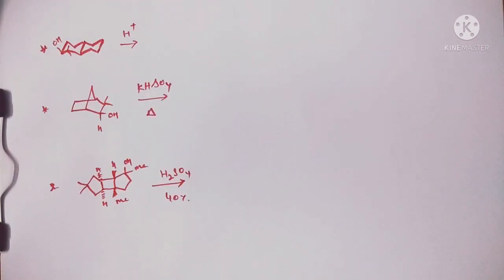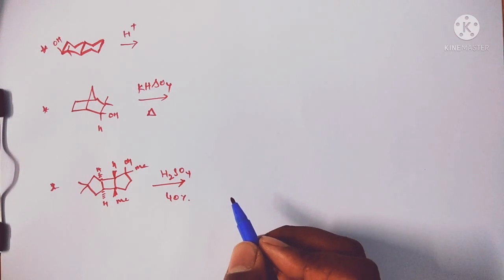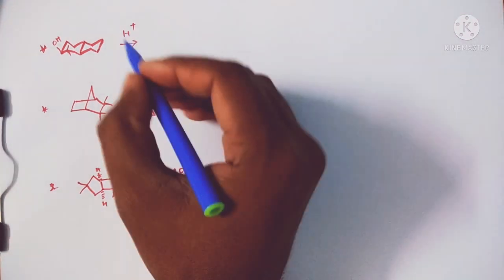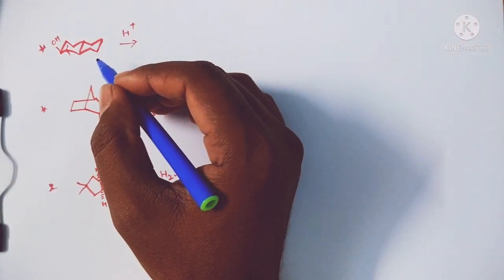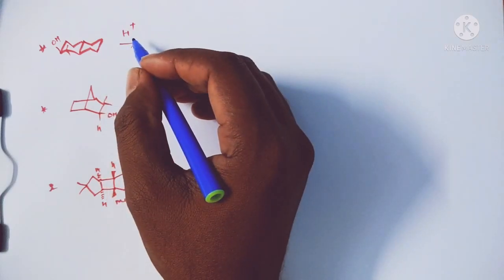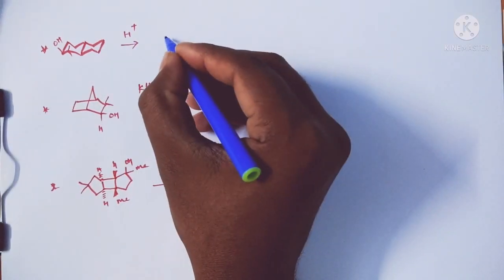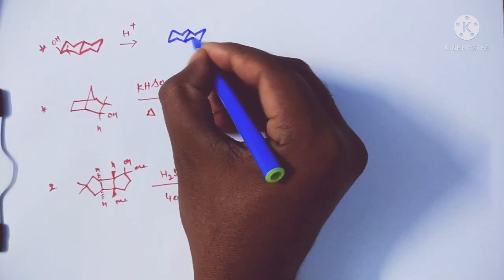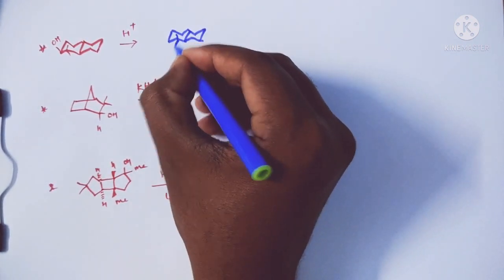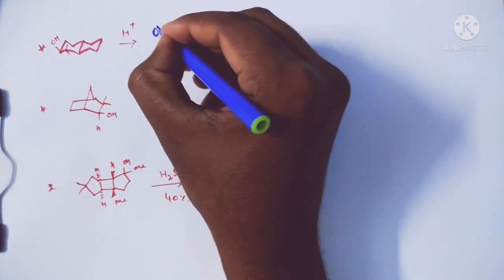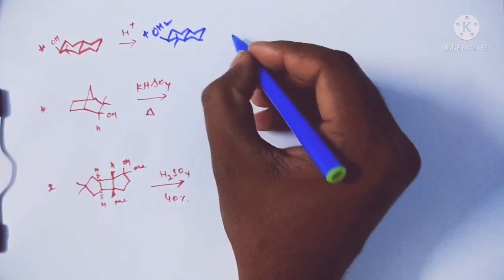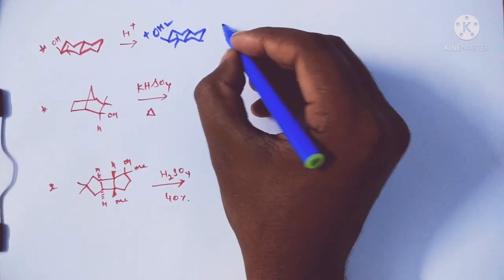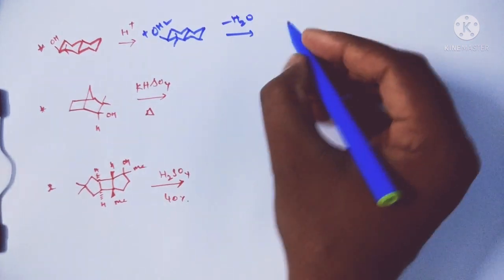Let's discuss some more examples from Wagner-Meerwein rearrangements. In this case, the alcohol in the presence of acid forms the oxonium ion. Next step, the elimination of water.